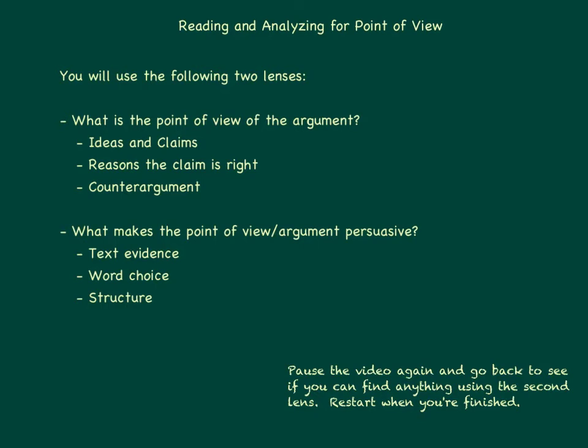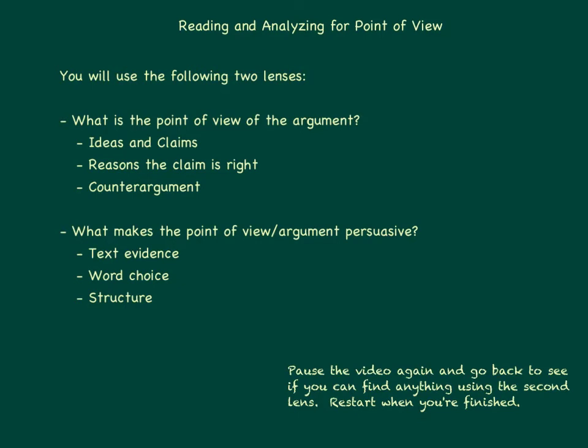Okay, next you're going to go back and read that section, but this time using the second lens. What makes the point of view or argument persuasive? This time you're going to look for textual evidence, word choice, and structure. I don't think that you will have to read it as closely as you did the first time. You're going to pinpoint those areas that were highlighted the first time you read, look specifically for those claims and reasons that you found, and then look for the textual evidence, word choice, or structure that led to that claim or helped to support that claim.